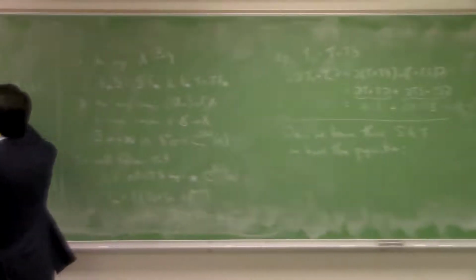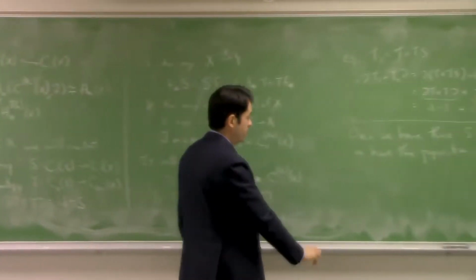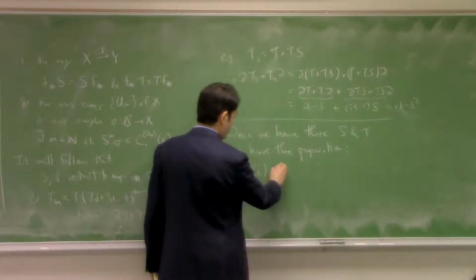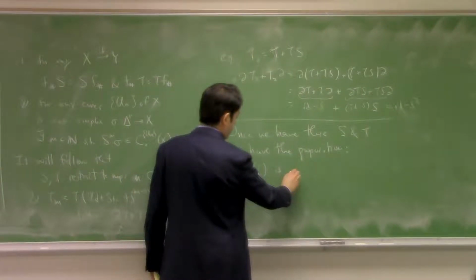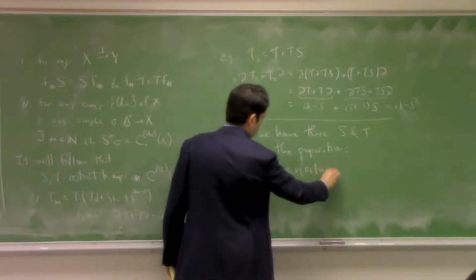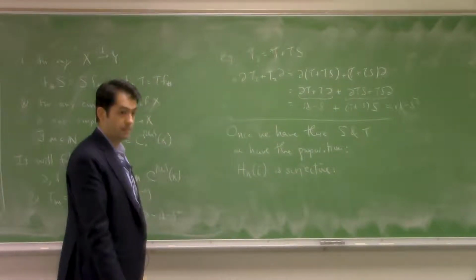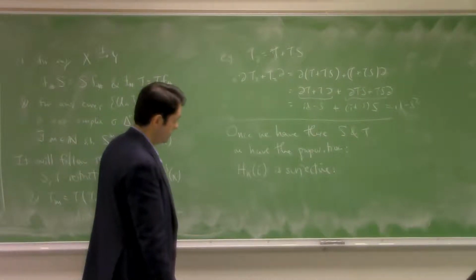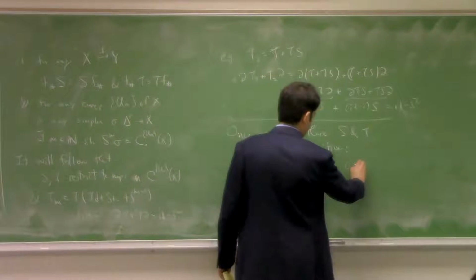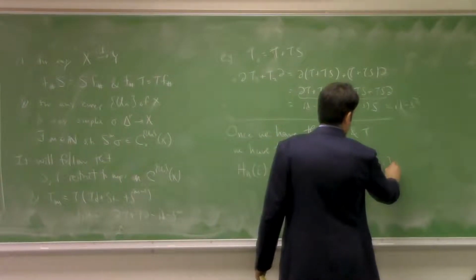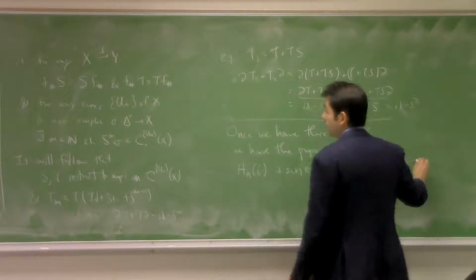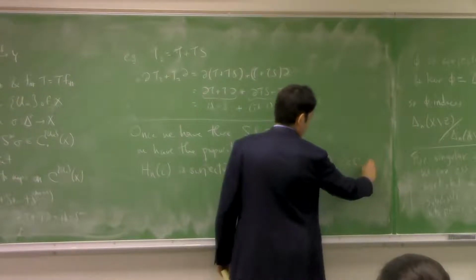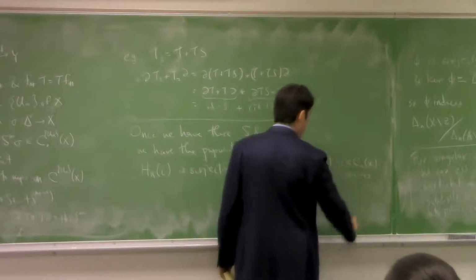So here, let's call this inclusion I. Let's check that Hn of I is an isomorphism. Let's check that it is, say, surjective. You give me a homology class in Hn of X, so it's represented by C in Cn of X with boundary of C equal to 0.